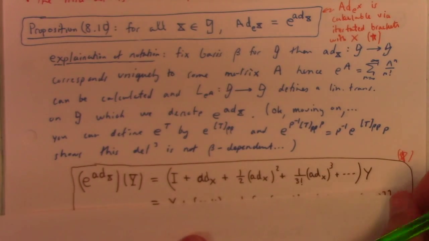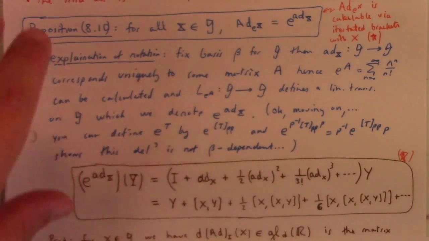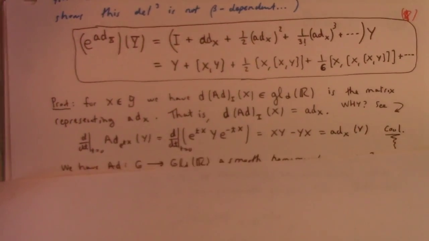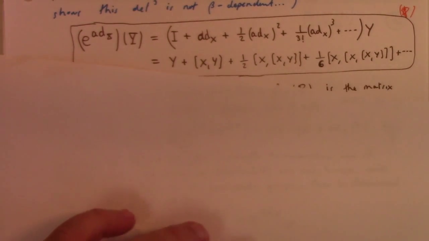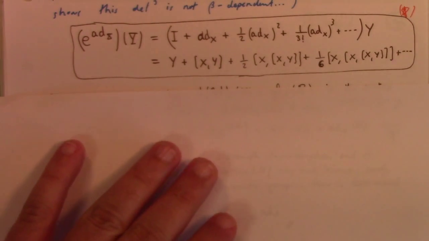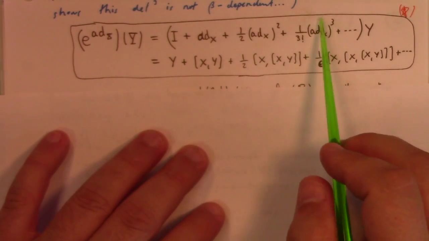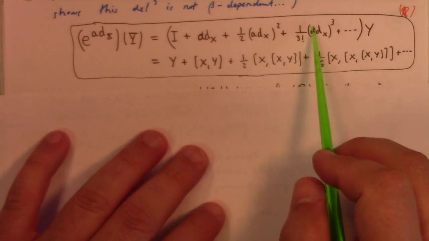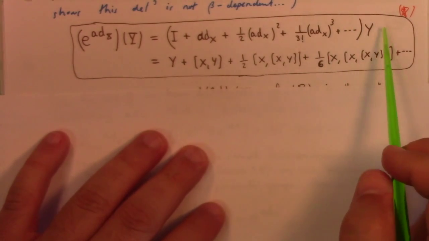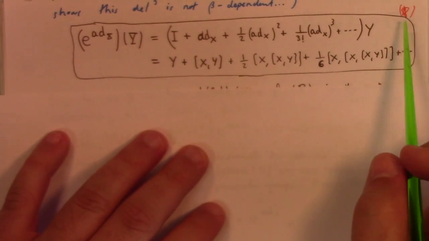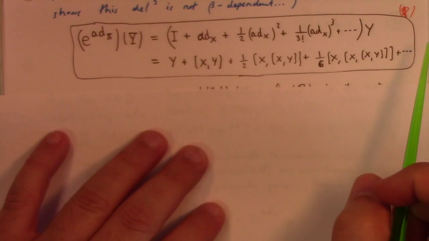All right, anyway, finally, let's get to the point. The exponential of the little adjoint of x acting on y is, what that means is I plus this plus 1/2 that squared plus 1/3 factorial ad x cubed acting on y, right? So when you actually work that out, what is it? That's nested commutators.